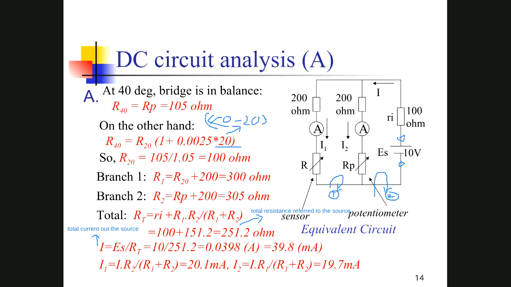For loop 1, we go in the clockwise direction and start from R. So the R times I1, sorry, we write R1, that's better. So we ignore the voltage drop across the ammeters, and plus the 200 ohms times I1.